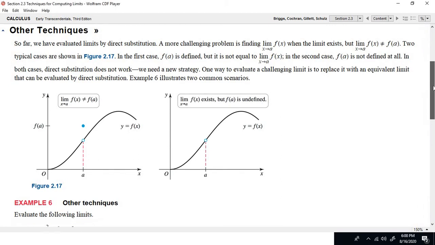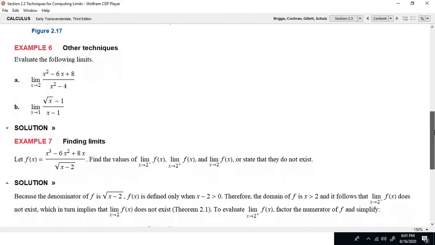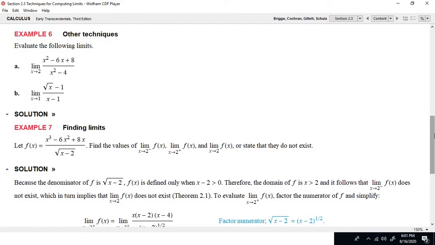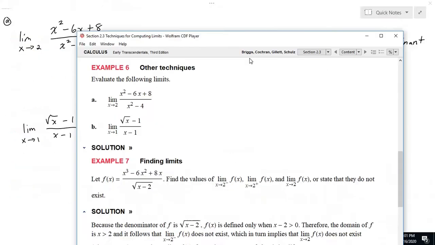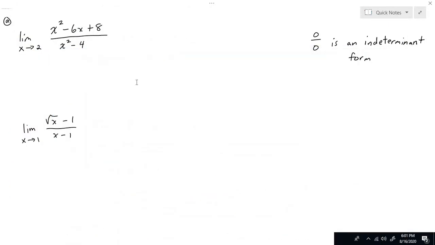So this is a case where you cannot use direct substitution to evaluate the limit. Okay, so let's look at a specific example, and I'll show you what we do in these cases to find the limit. I'm going to look at both a and b here. For part A, we want to find this limit. The first thing you might try is to use direct substitution.